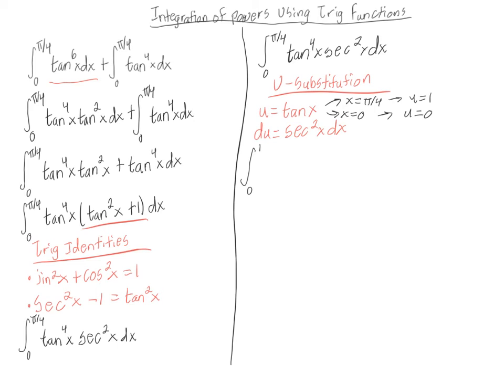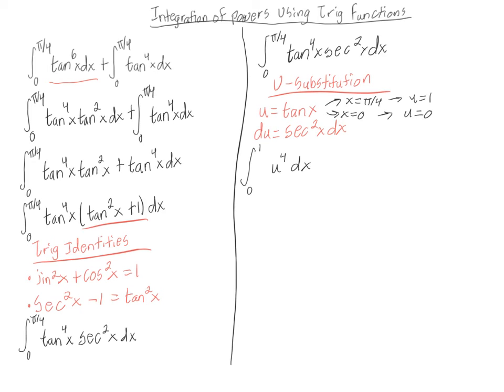Now you know that it's u to the 4th, since tangent x equals u, and du is secant squared x dx. Now this is where the calculus also kicks in. So now we antiderive, integrate u to the 4th.